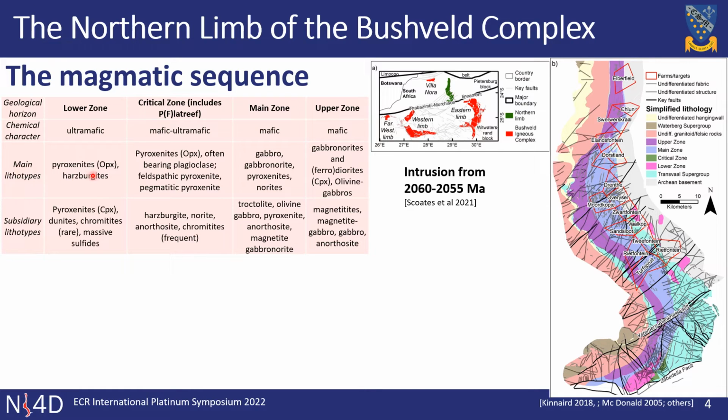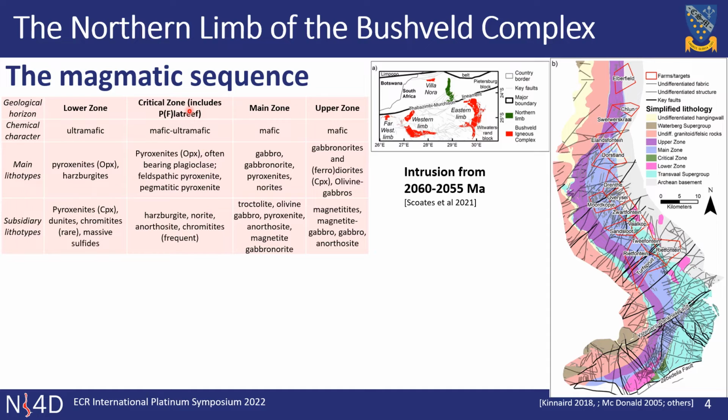Main lithotypes change from pyroxenites, mostly orthopyroxenites, harzburgite, gabbronorites, gabbros, and olivine gabbros. There is a whole suite of magmatic mafic and ultramafic rocks, with some subsidiary lithotypes, including chromitites, massive sulfides, and a whole lot of possibilities within the mafic to ultramafic spectrum.